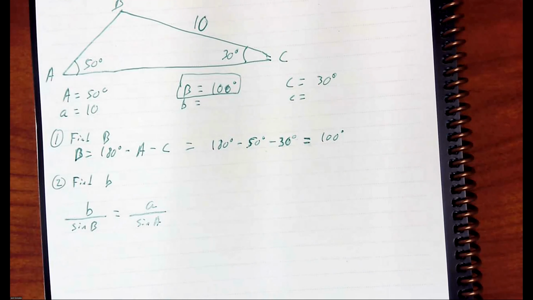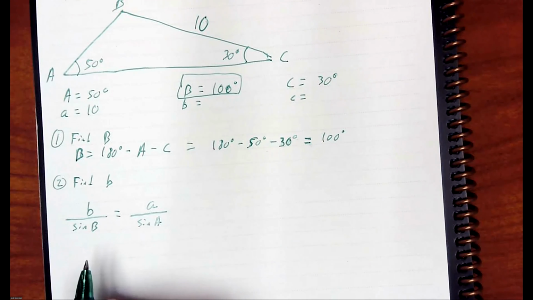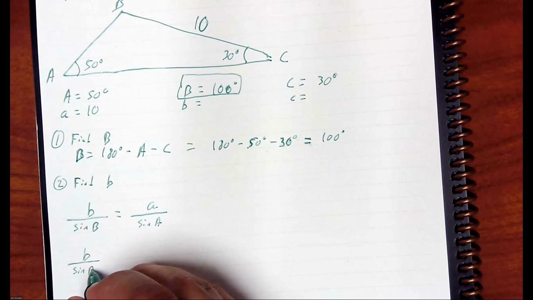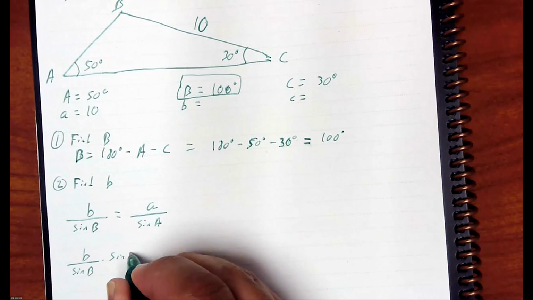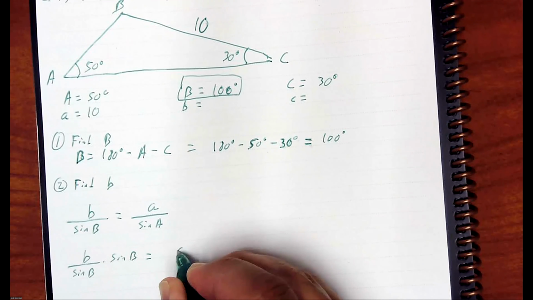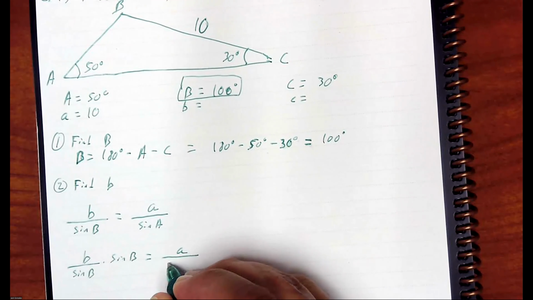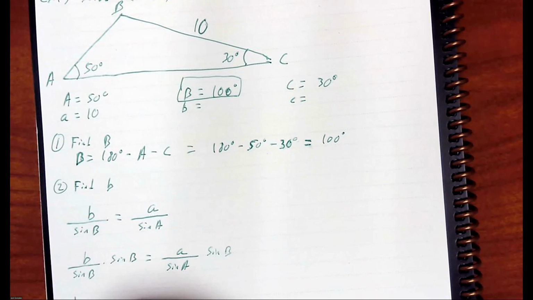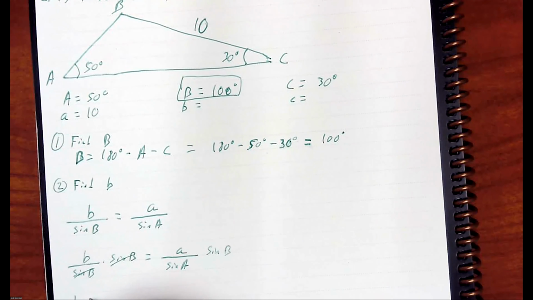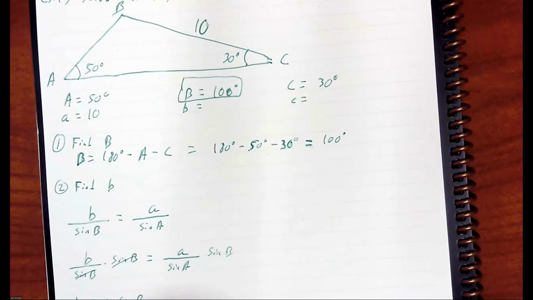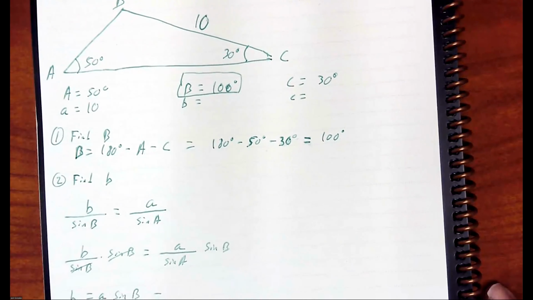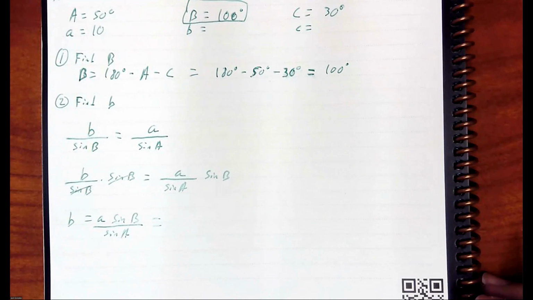To solve for b, multiply both sides by sine B. So b is simply equal to a sine B over sine A. Just plug it in.